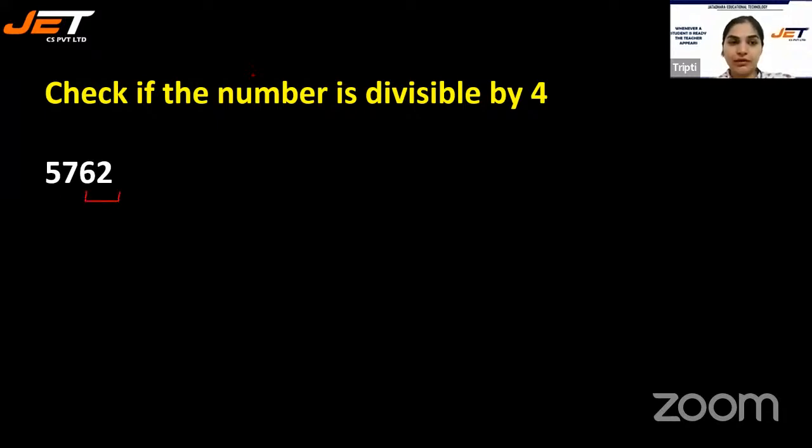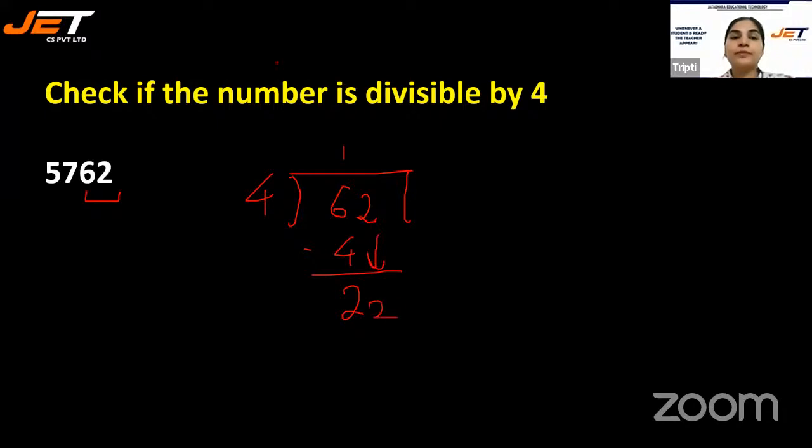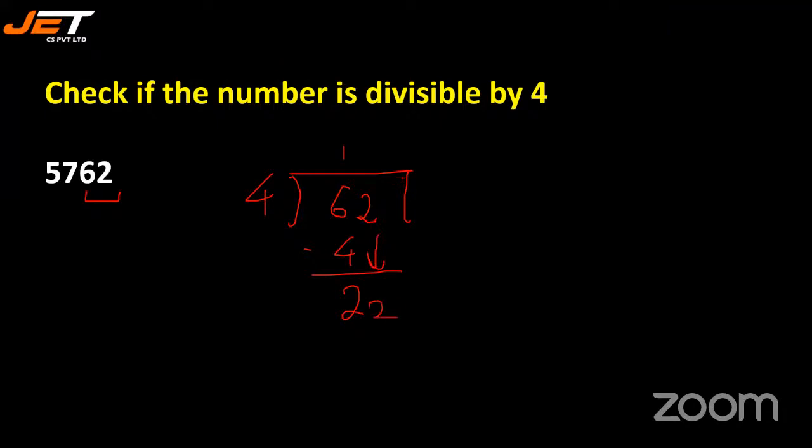Is 62 there? Okay. 4 times 1 is 4. Break down 62. Again, I am getting 22. So 22 is not divisible by 4 because I see 4 times 5 as 20. 2 is the remainder. So that is not exactly divisible by 4. That means this is also not divisible by 4. Let's check the next one.